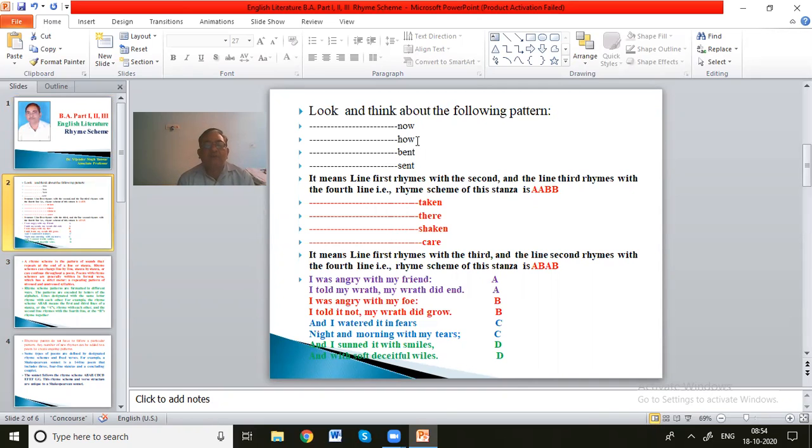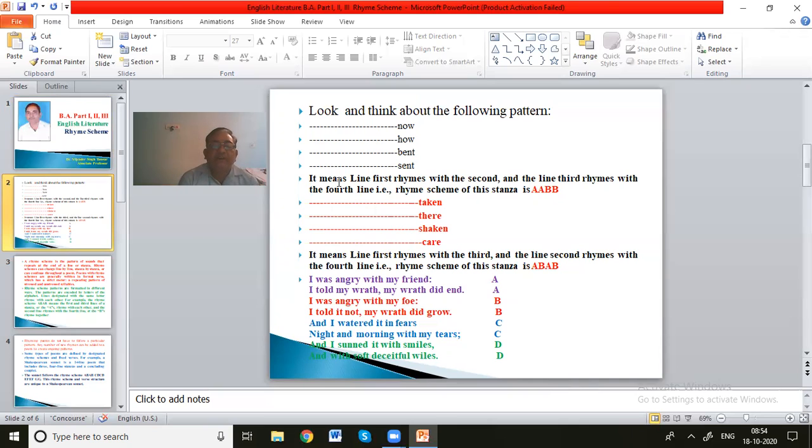Suppose we use "now" is a sound A, then "how" is also A. Similarly, suppose the third line ends with the word "bent," and the fourth line also ends with the word "sent." We find that both "bent" and "sent" rhyme with each other.